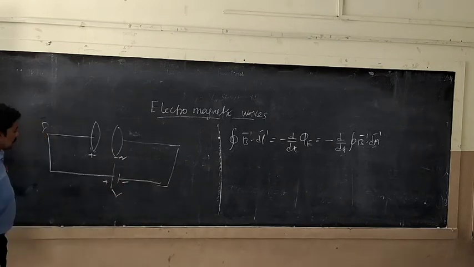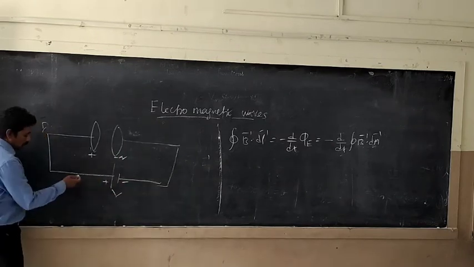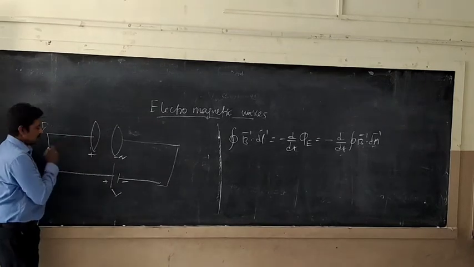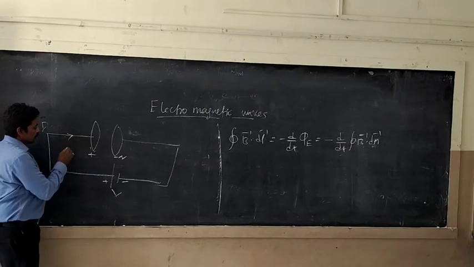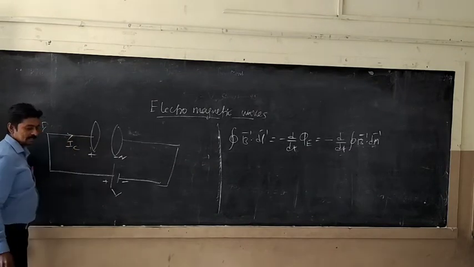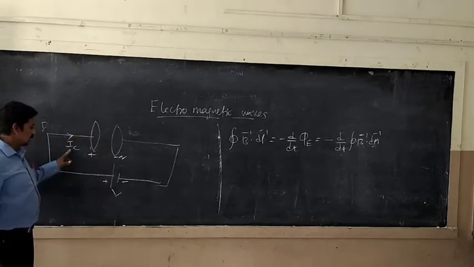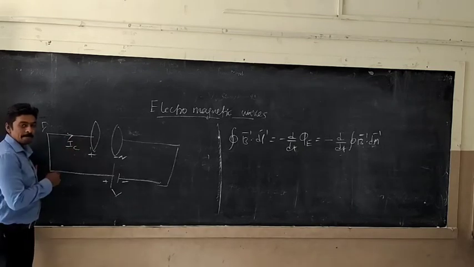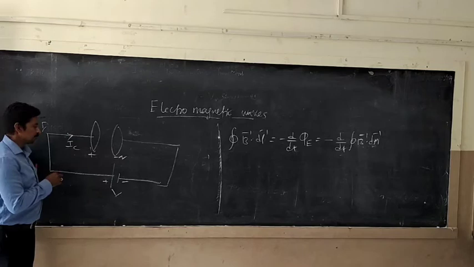Now, current flows through the capacitor, which is the current IC. The IC current produces a magnetic field around the wire of the capacitor.